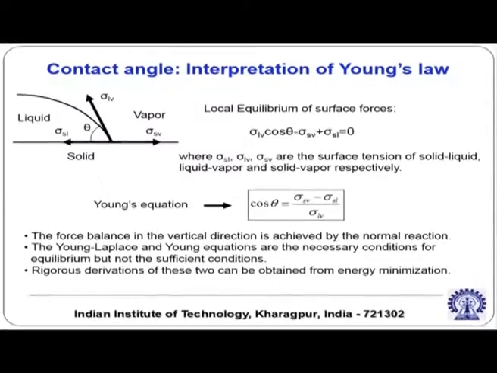The Young Laplace and Young's equations are necessary conditions for equilibrium, but not sufficient conditions. This is very important. That means even if these equations are satisfied, we cannot say that the system is in equilibrium. Question is why? The answer is very straightforward. We have set the first derivative equal to 0, but that could be either a maximum condition or a minimum condition, right.